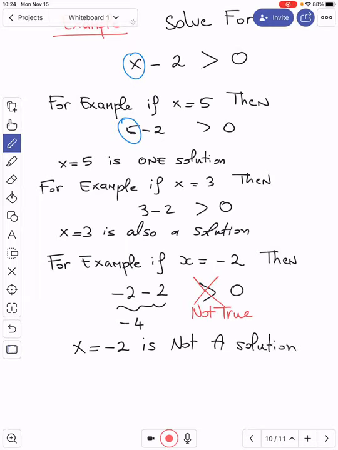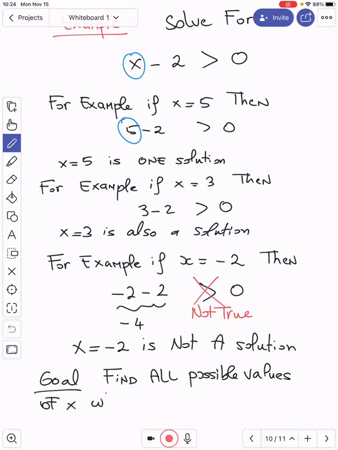So the goal, of course, would be to find all possible values of x which satisfy the inequality.